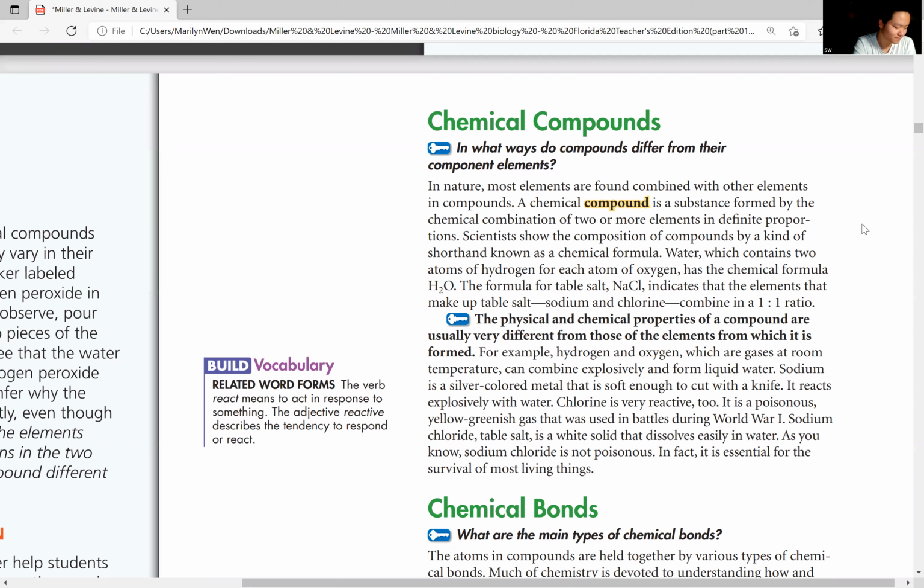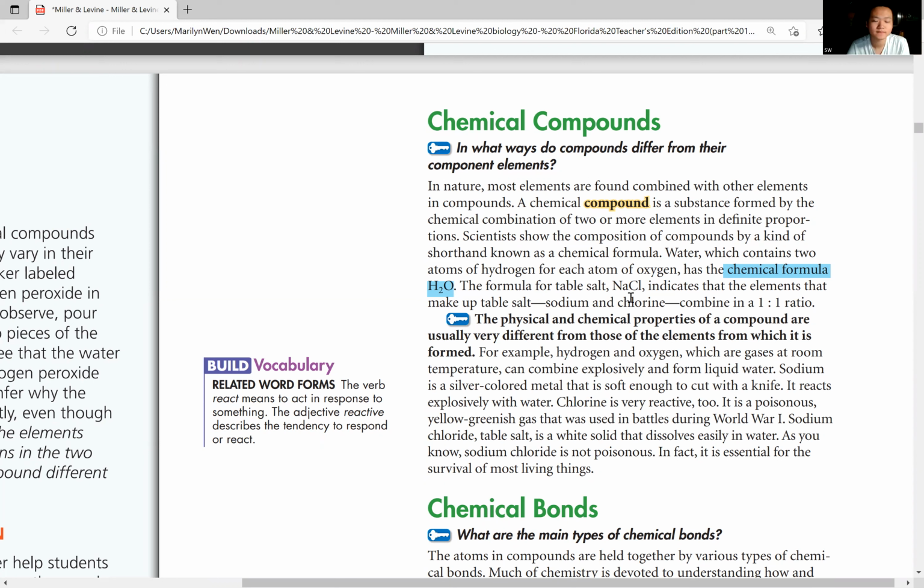They're usually what you think of as substances. Like here, you know the chemical formula for water is H2O, right? And H2O is the combination of two hydrogen atoms and one oxygen, right? So that makes it a compound because it's a combination of different elements.